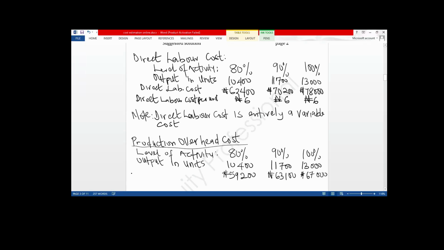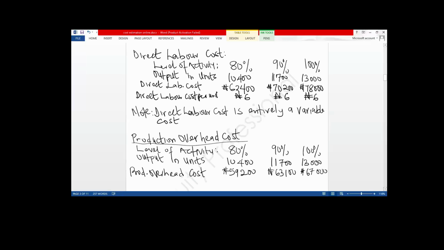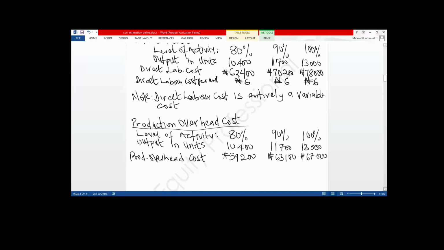All right, this is production overhead cost. Now we are going to calculate overhead cost per unit. Please take it to 2 decimal places.